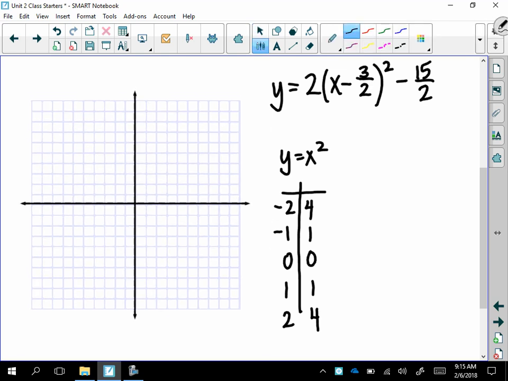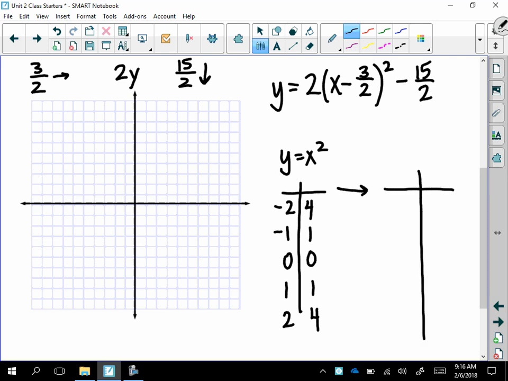What are our rules telling us to do? 3/2 to the right. Then what? Y times 2. And then down 15/2. Okay. So those are the rules that we're going to apply to all of these x and y coordinates on our parent function. When I'm moving 3/2 to the right, that means I'm really just going to add 1.5 to everything.